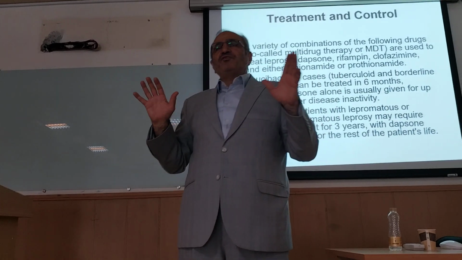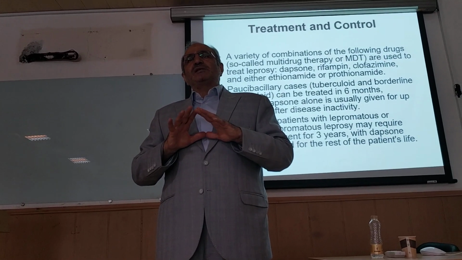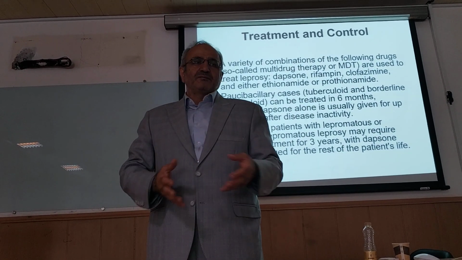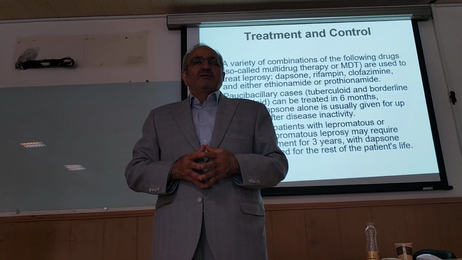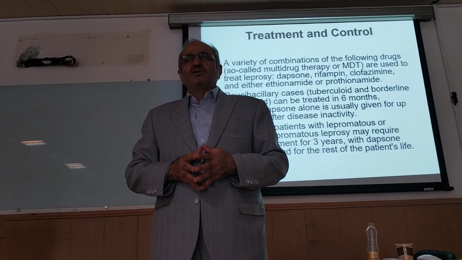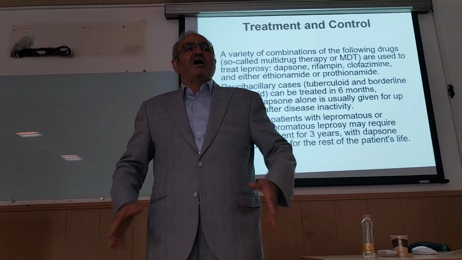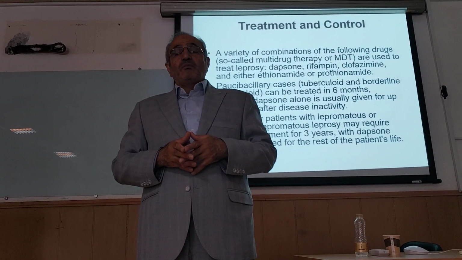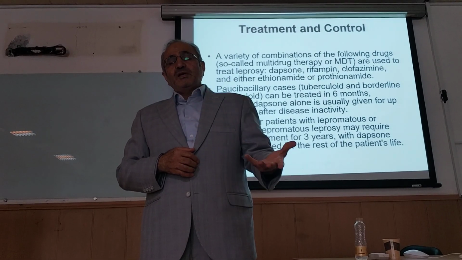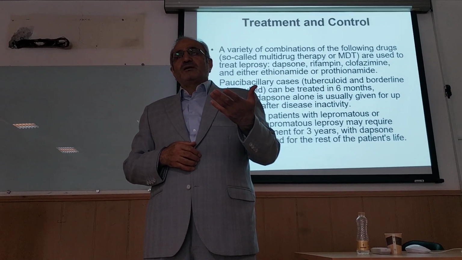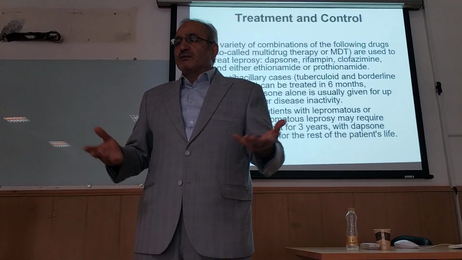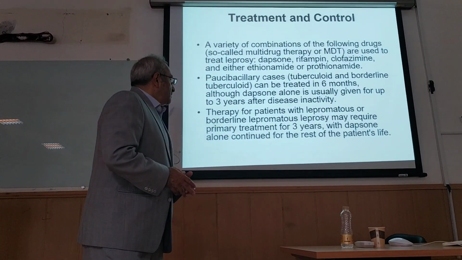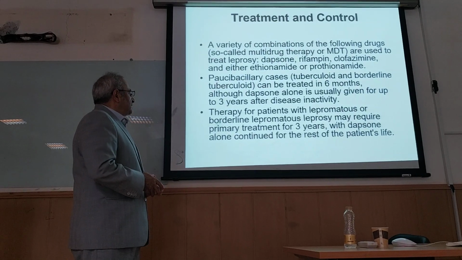The duration for lepromatous leprosy is much longer. In lepromatous leprosy, for example, dapsone should be given to the patients for a lifetime. But in tuberculoid leprosy, the treatment is shorter, for example, 3 years. Look at the differences.